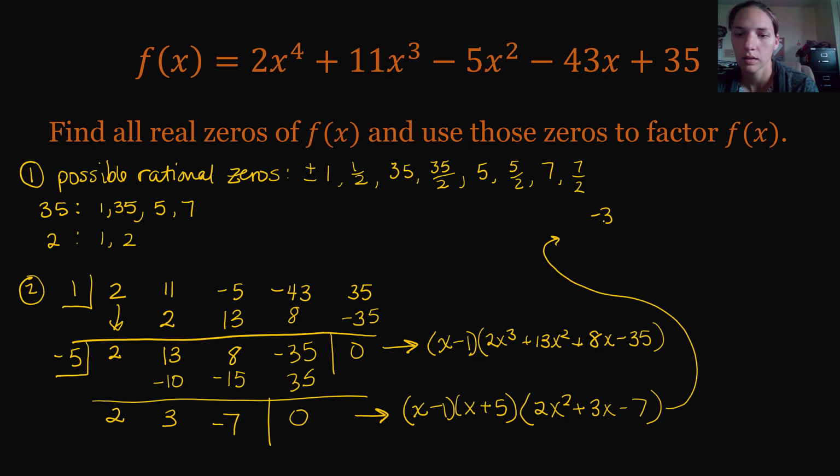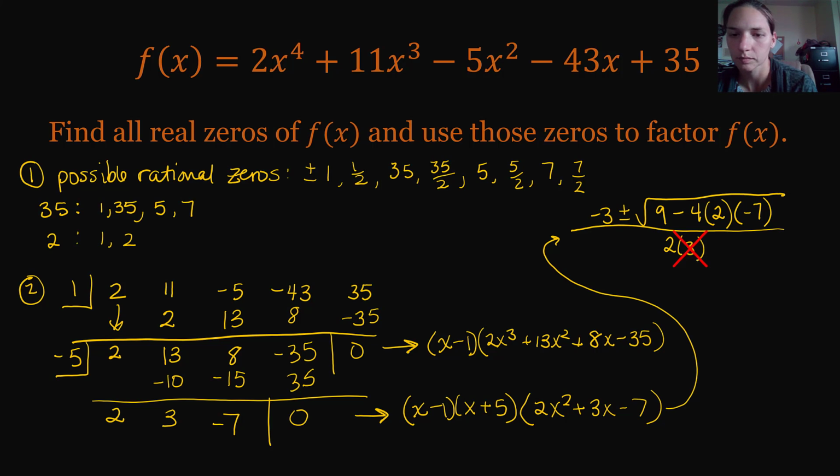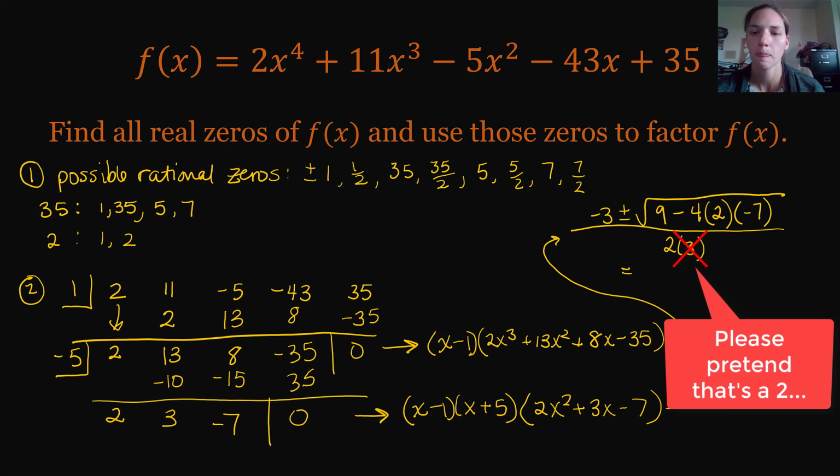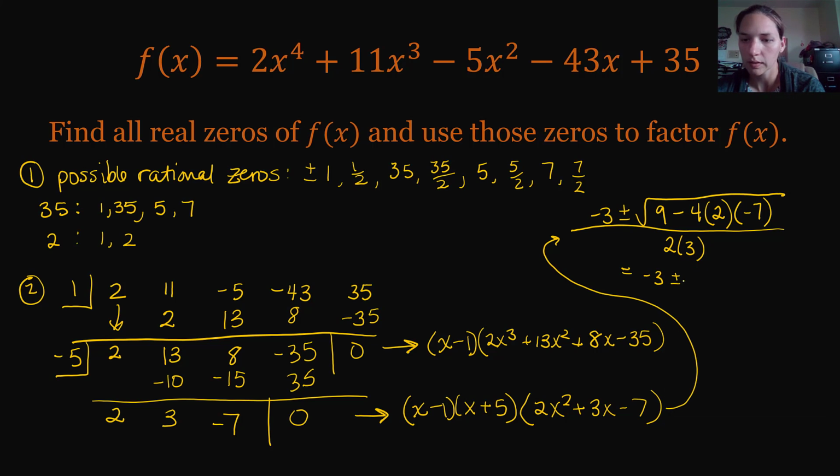Negative b plus or minus the square root of b squared minus 4 times a times c, all over 2a. This is going to equal negative 3 plus or minus the square root of, let's see, 9 minus 4 times 2 times negative 7, 65.